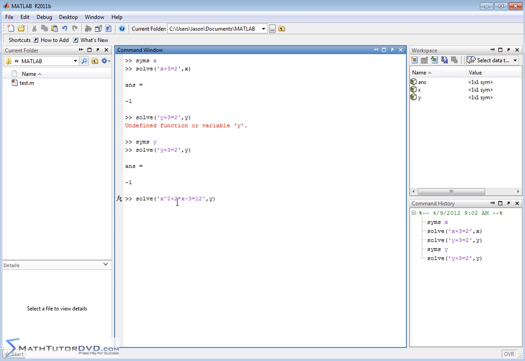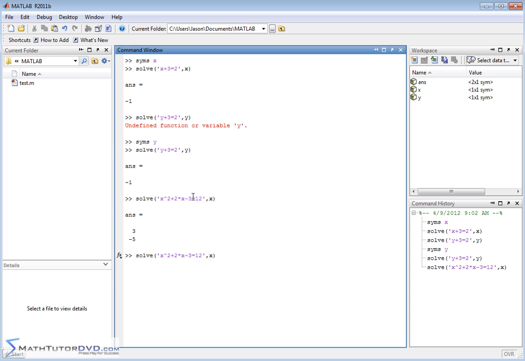We're solving this equation for x, so we have to tell it that, and MATLAB will calculate that, and it will give us exact answers. Notice there's no decimals here, there's no approximation. It's trying to keep everything perfectly exact. So it's moving the 12 over, it's able to factor it perfectly, and so on.